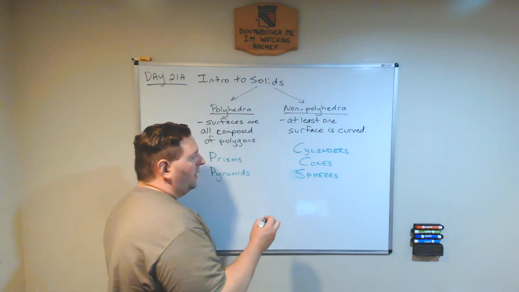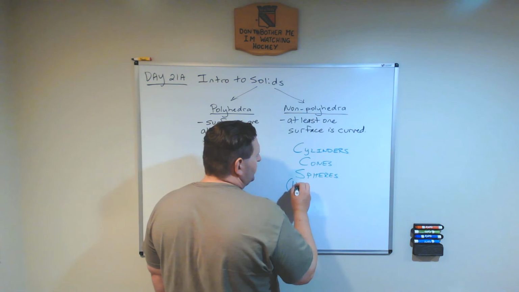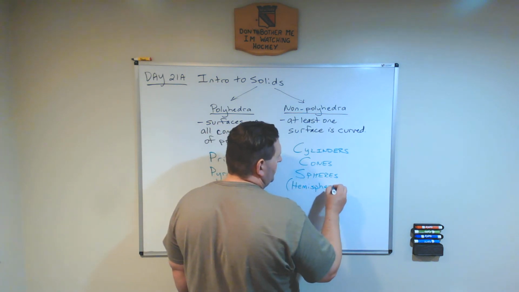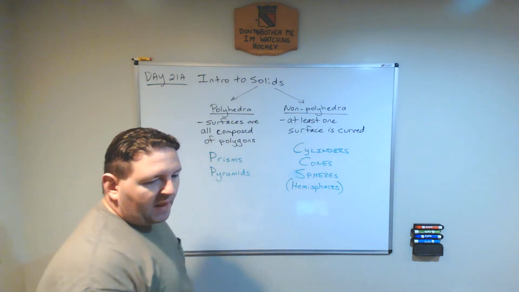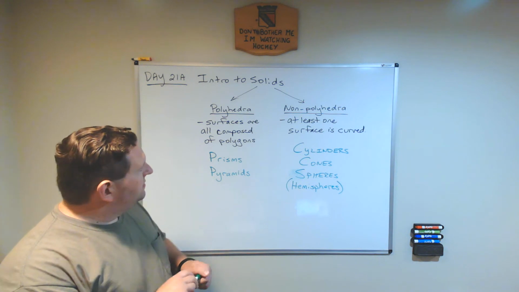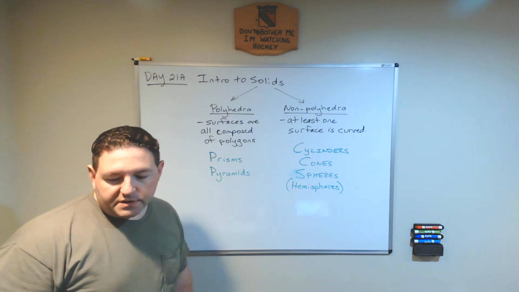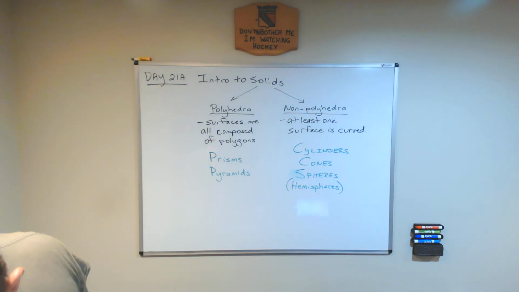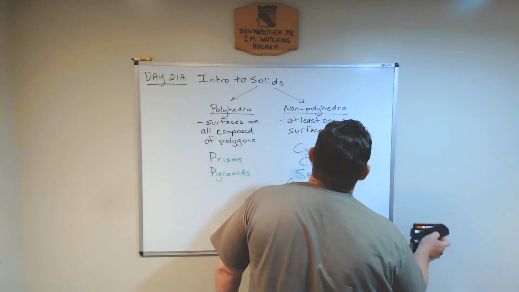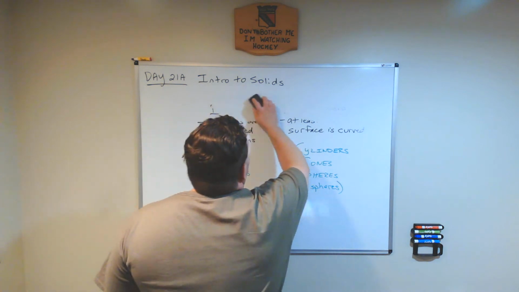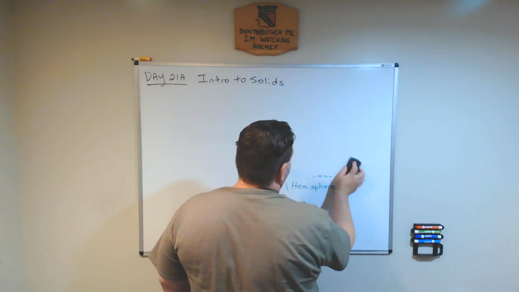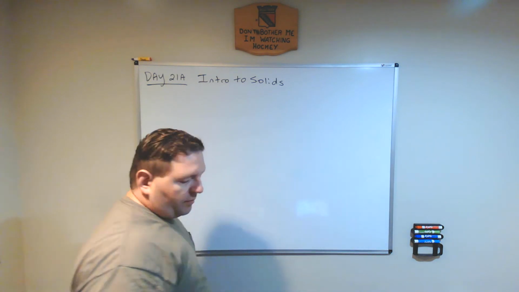And I'll put underneath here hemispheres, which is half of a sphere. So these are the six solids that we're going to be studying in this unit. We're going to go through each one here.